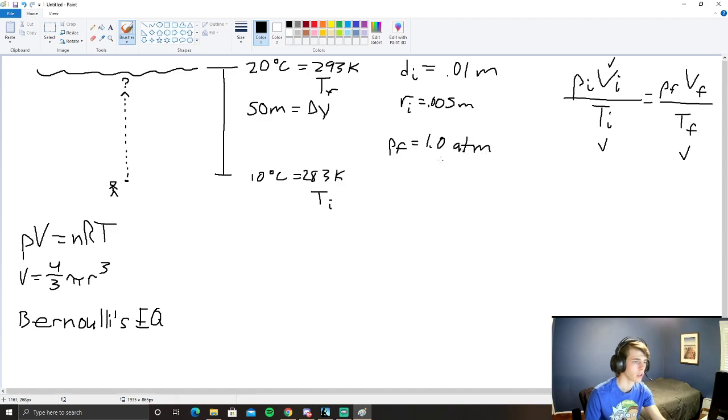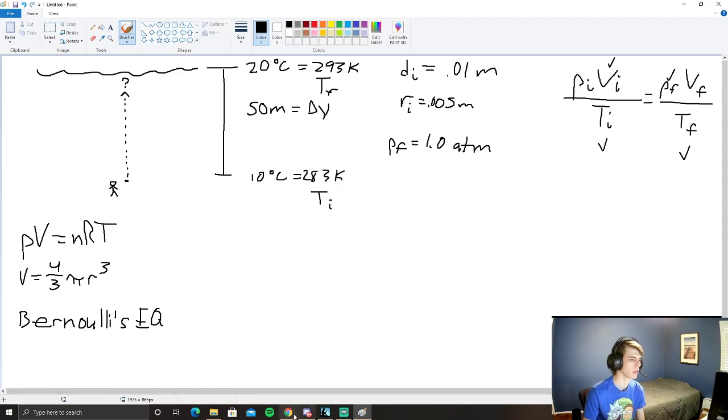We can then use Bernoulli's equation to solve for the initial pressure. To do that, you'll need the 50-meter value, the gravity, and the final pressure.